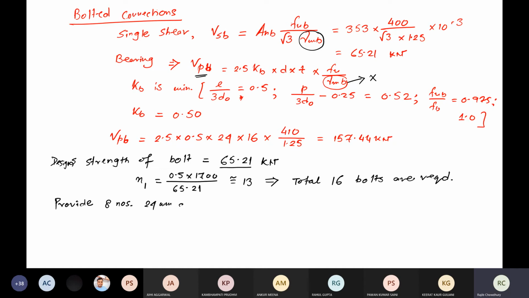The number of bolts required to connect the gusset plate with the gusset angle will be the same. Okay, up to this is okay.